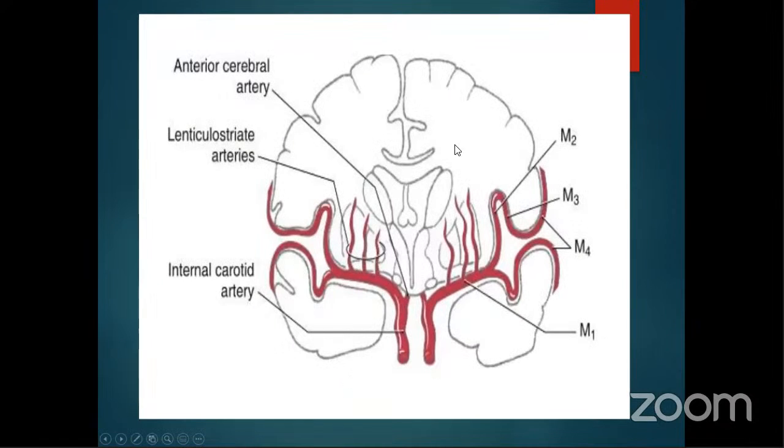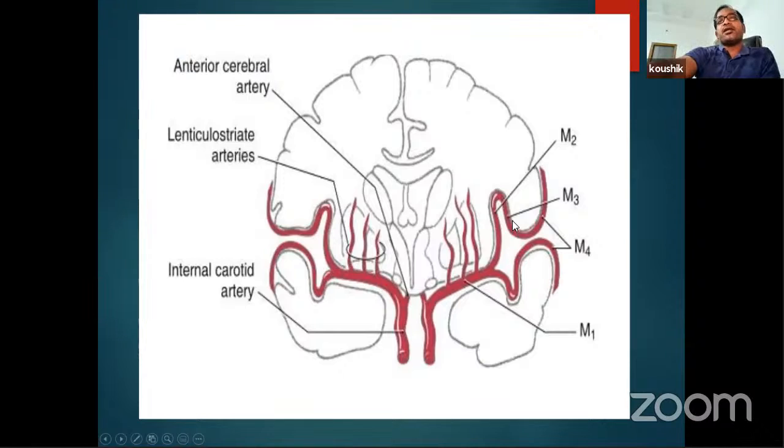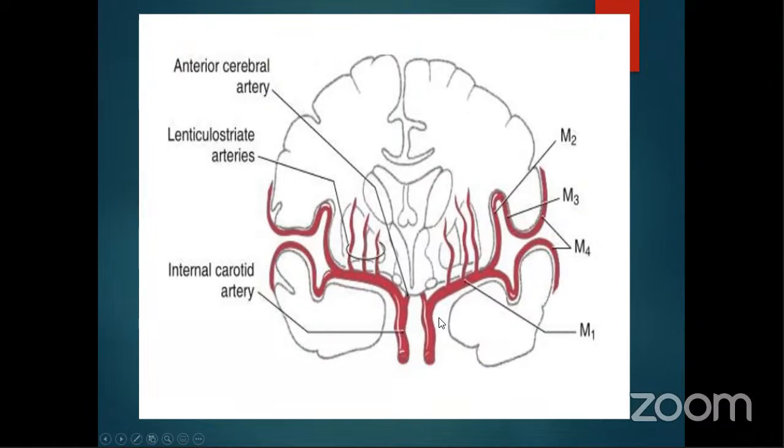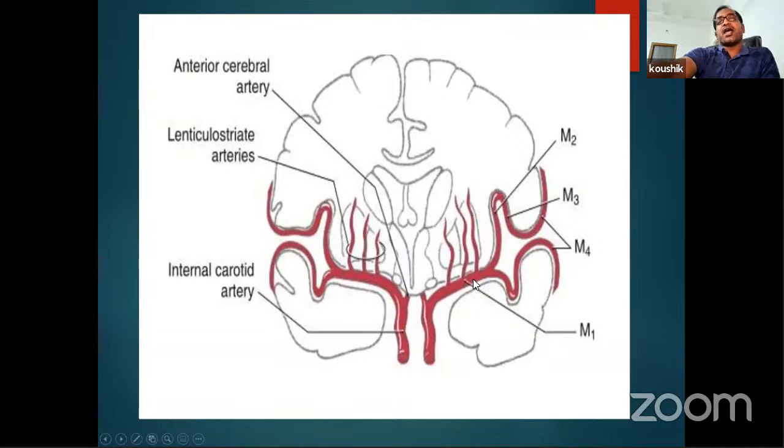Then come the arteries. This is the MCA, the middle cerebral artery, which has three segments, that is M1, M2, M3, basically. The M2 segment is the artery which runs in the sylvian fissure.